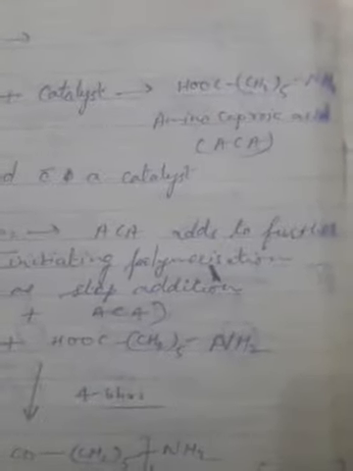The mechanism of the polymerization you can understand by these three steps. First, the polymerization of nylon 6 is carried out in three steps. The first step is named the hydrolysis step, in which the caprolactam reacts with catalyst and gets converted into aminocaproic acid.